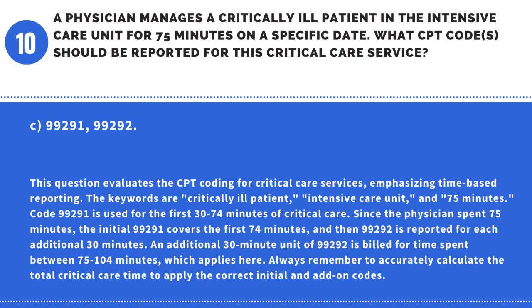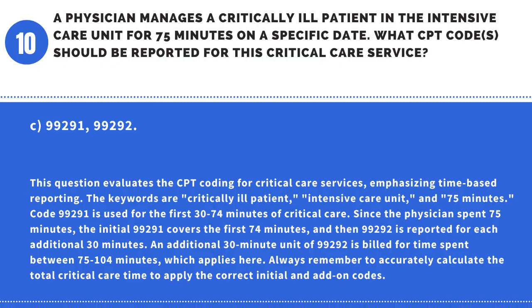Answer C. 99291, 99292. This question evaluates the CPT coding for critical care services, emphasizing time-based reporting. The keywords are critically ill patient, intensive care unit, and 75 minutes. Code 99291 is used for the first 30 to 74 minutes of critical care.